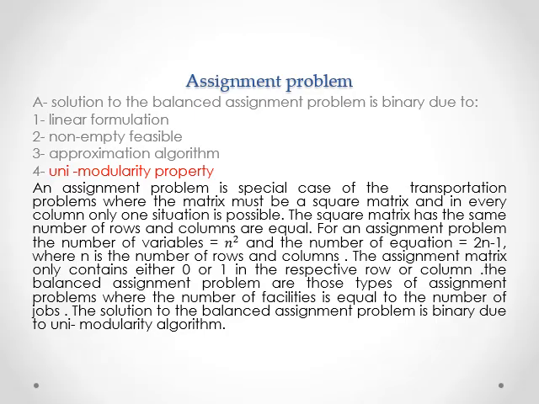For an assignment problem, the number of variables equals n power 2 and the number of equations equals 2n minus 1, where n is the number of rows and columns.